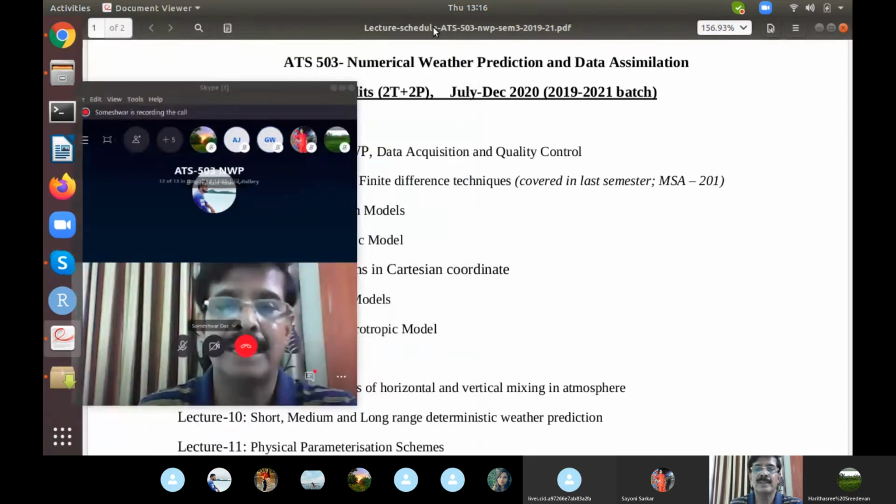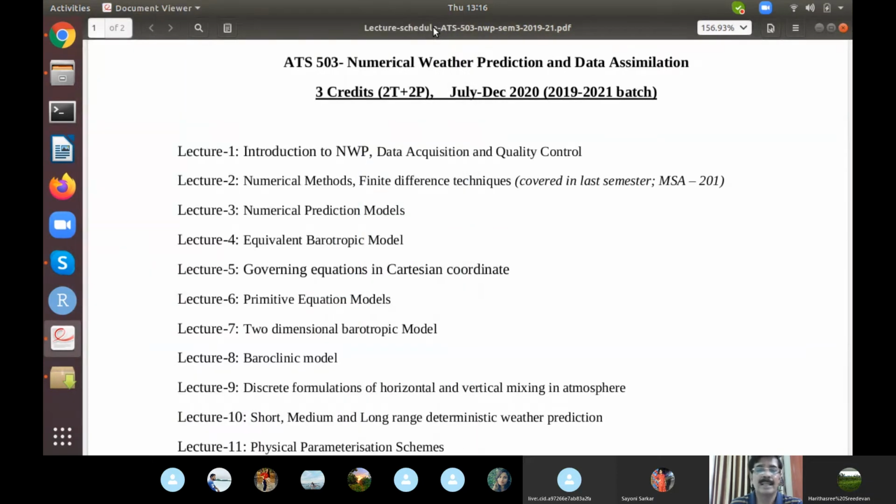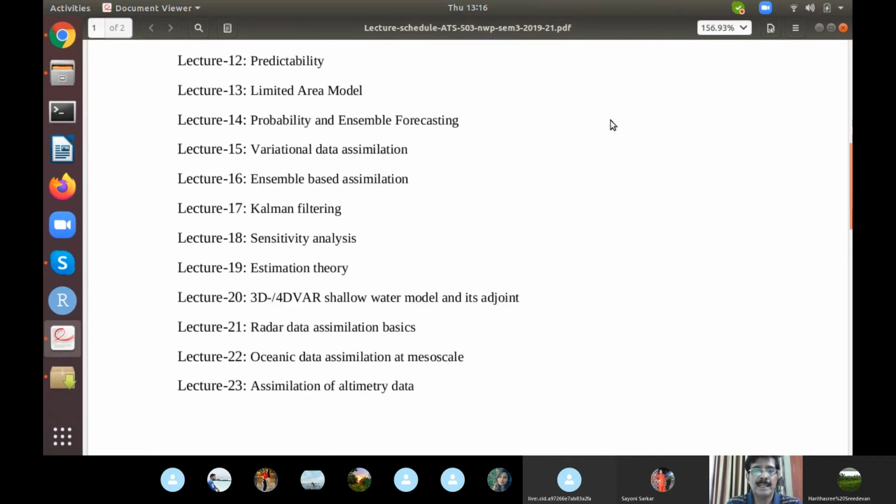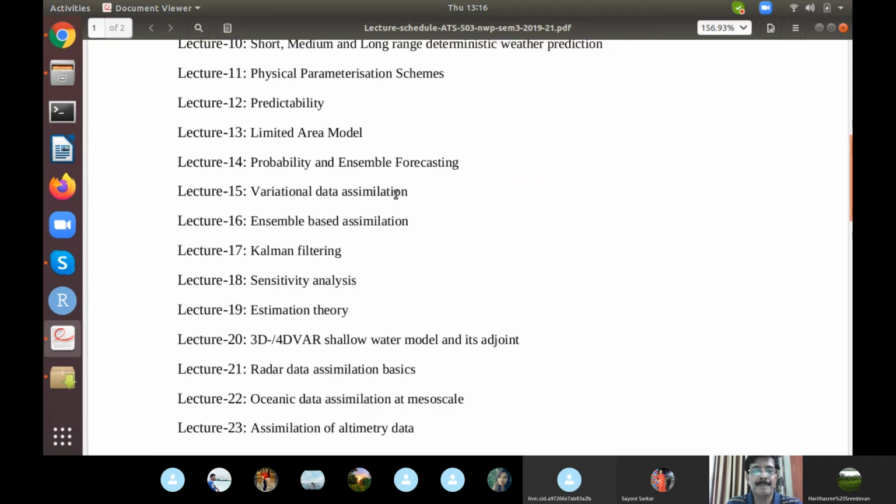Sure. As a syllabus. So in this syllabus, can you just scroll down, Hartasri, because now the control is in your hand. Scroll down the syllabus. Yeah, about 23 lectures are there, but as I did in the earlier semester, one lecture can be divided into several sub lectures, like lecture 1, for example, can be 2 or 3 lectures.